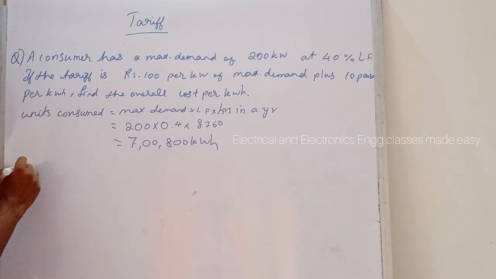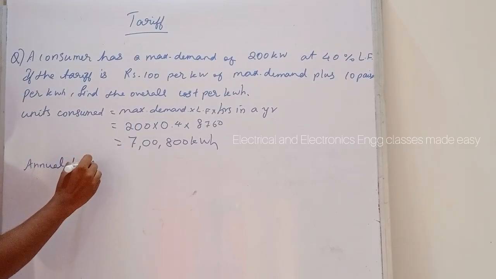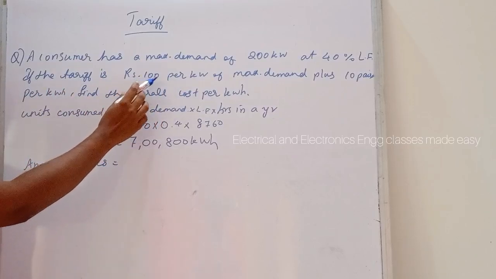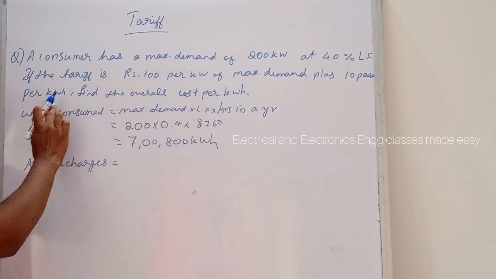Next we have to find the annual charges. Here it is given 100 per kilowatt of maximum demand plus 10 paise per kilowatt hour.